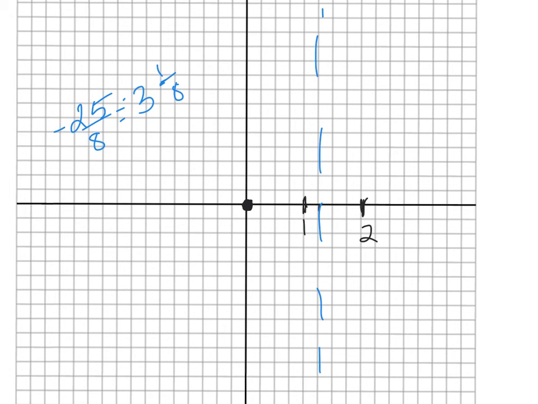So that's negative 1, negative 2, negative 3, negative 4. Yeah, it's going to be pretty close. Just like right there. Not halfway, pretty close to negative 3. Okay.